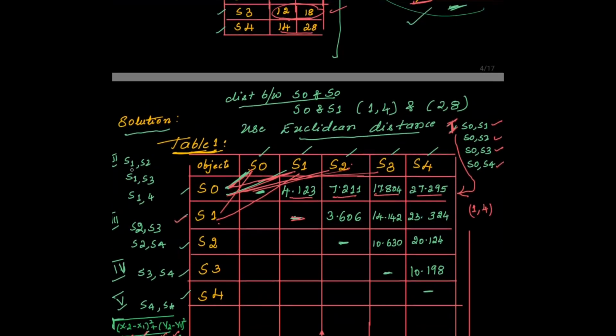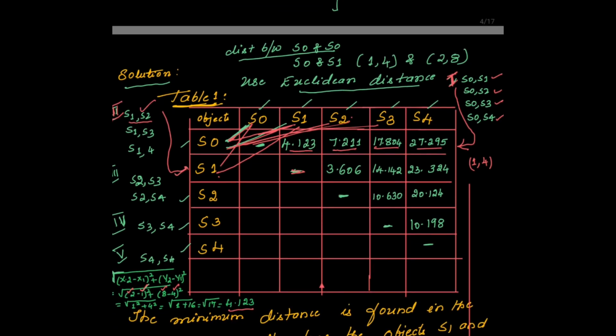In the second row, here I am writing Roman number 2, pertaining to the second row. In the second row you compute the distance between s1 and s2 using the Euclidean distance. You will get 3.606. Then s1 and s3 you will get 14.142. Then s1 and s4 you will get 23.3294. This completes the second row.